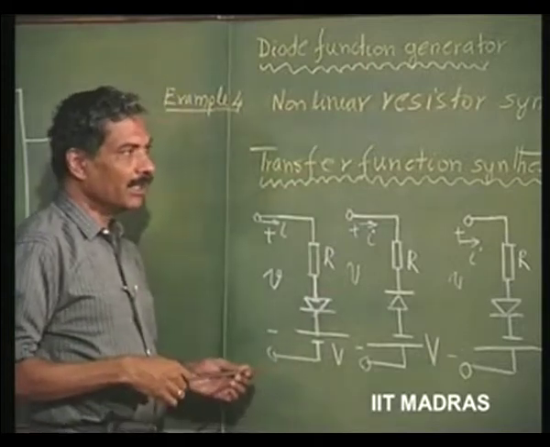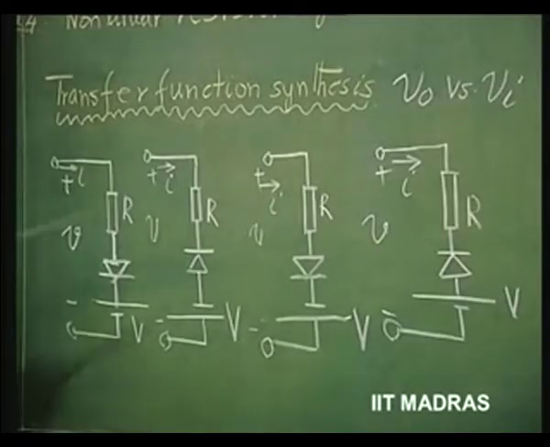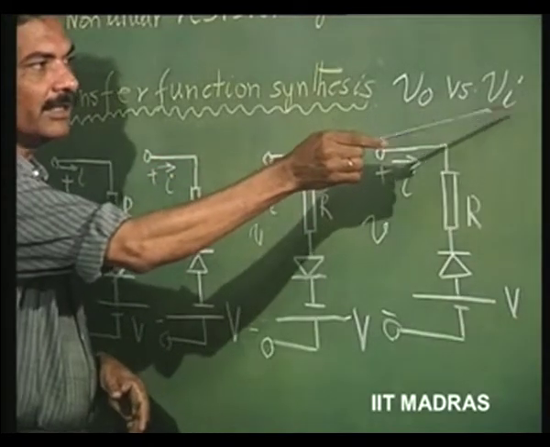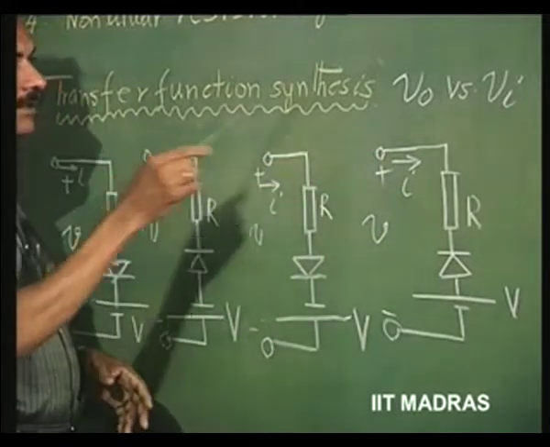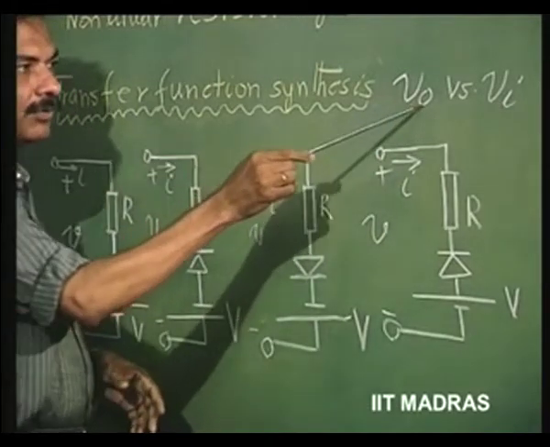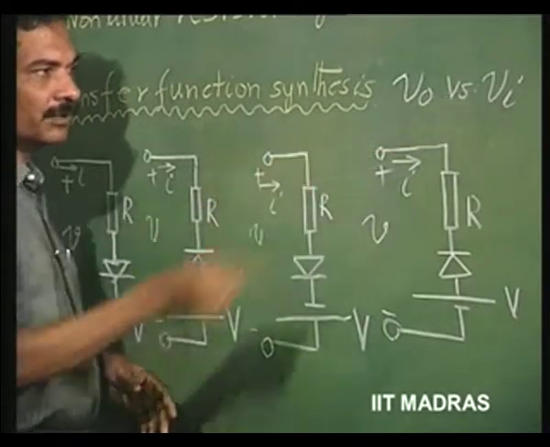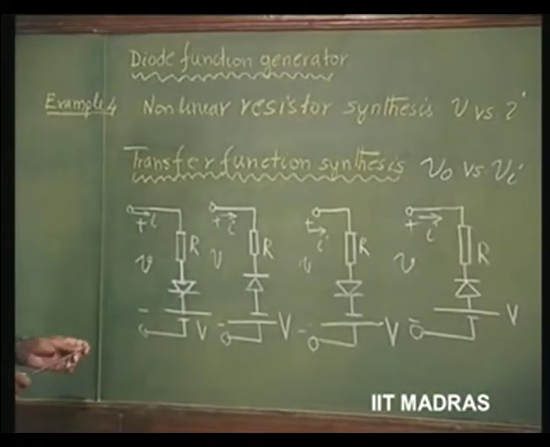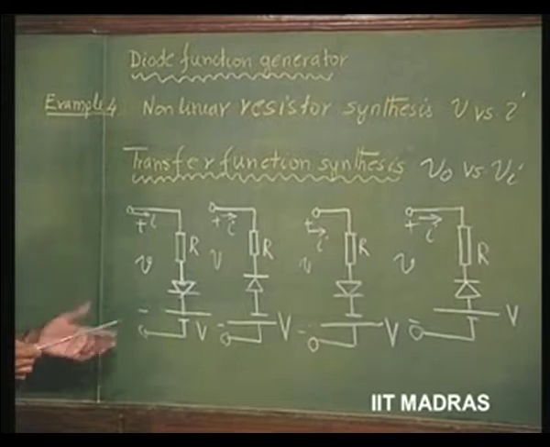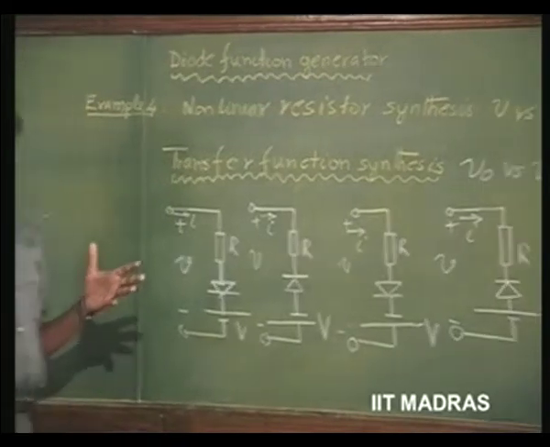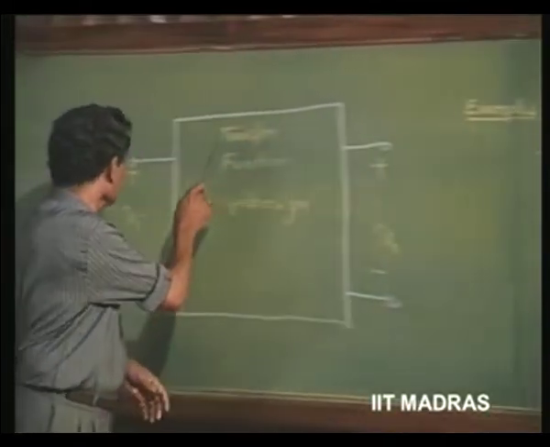What it means is, we want an output voltage as a function of input voltage. Therefore, this can be a 2-port network like this.